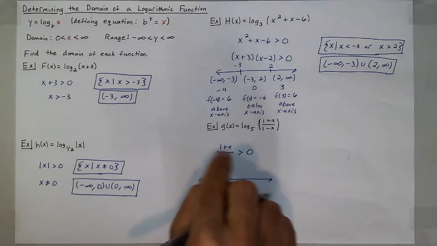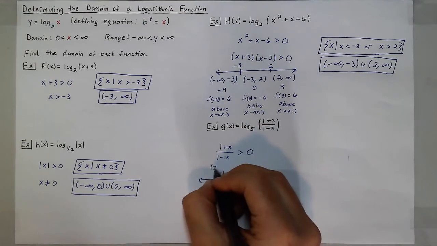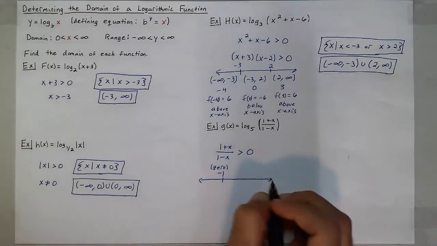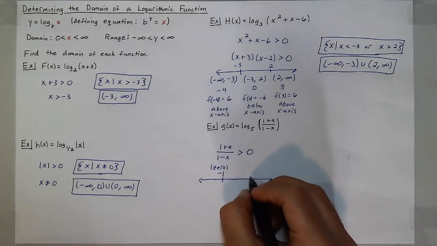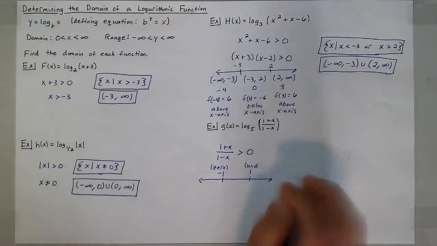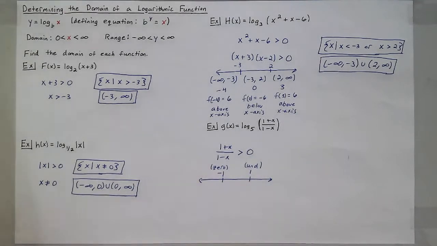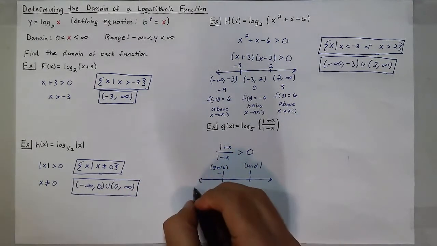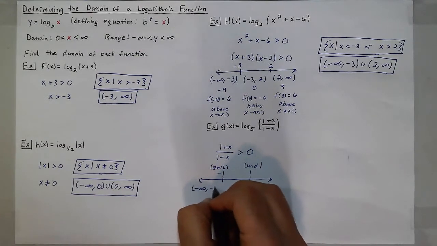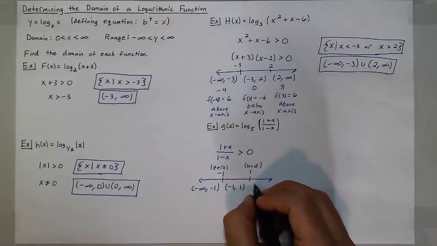Now, -1 would make my numerator 0. So that's where my rational function is 0. And +1 makes my rational function undefined. So I'll label those 2 points on my number line, and then everywhere else should either be positive or negative. So splitting up my intervals, I have -infinity to -1, -1 to 1, and 1 to infinity.